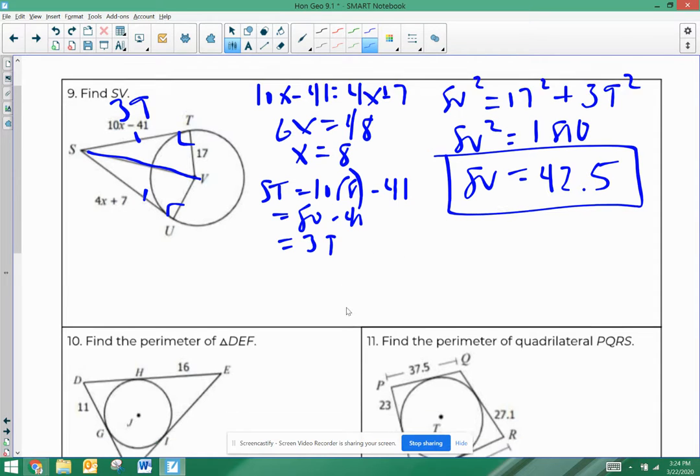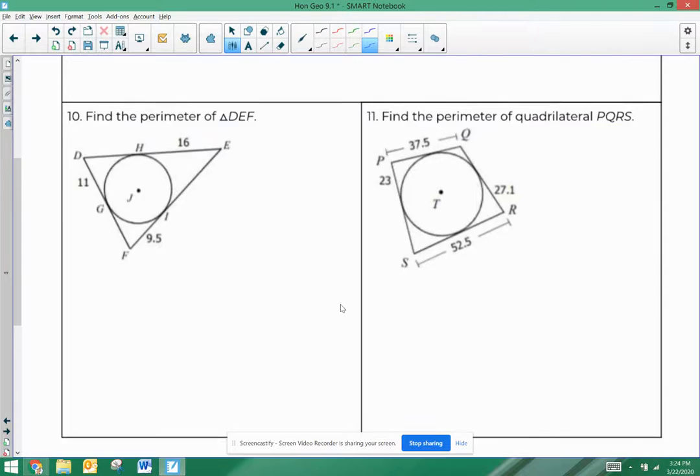Okay. 2 more. And our time has come to the end for this lesson. Find the perimeter of triangle DEF. All right, since this triangle is circumscribed around circle J, that means that all of these parts are tangent. And if they're tangent, that means that these two parts are congruent to each other.